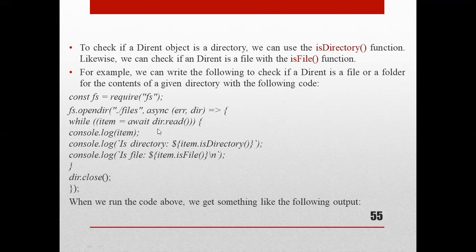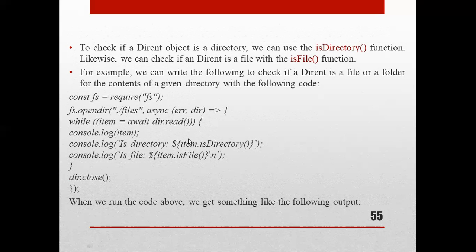Here you can see the example: const fs = require('fs'), then fs.opendir opens the directory asynchronously with the error and callback. Then while item equals await dir.read, we have seen that await will repeatedly run this function, and after that print the contents of the directory.